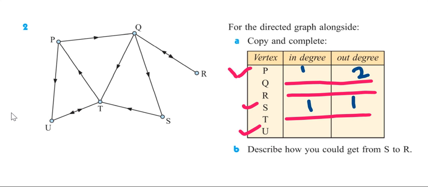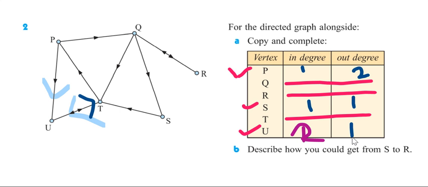For U, the in degree is 2, because you can see one coming in from here and one from here. For the out degree, we just have one going back, so it becomes 1.